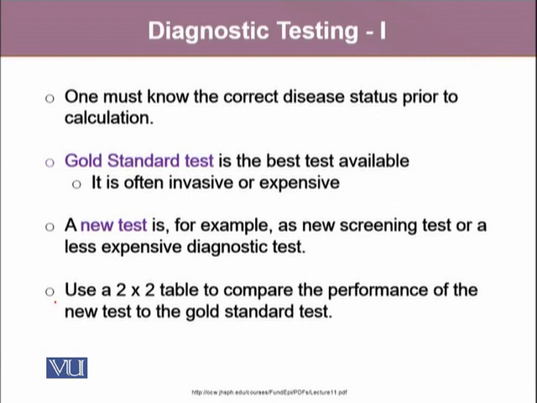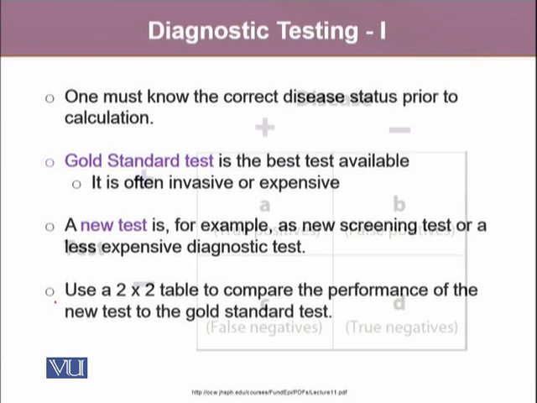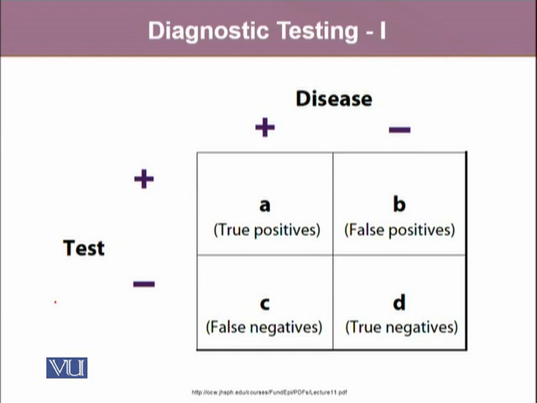For this, we use a 2x2 table to compare the performance of a new test and the already existing gold standard test. This 2x2 table has, on the column side, the outcomes from the gold standard test, whereas on the row side, it has the new test results.